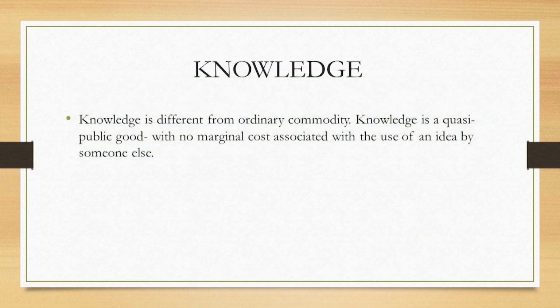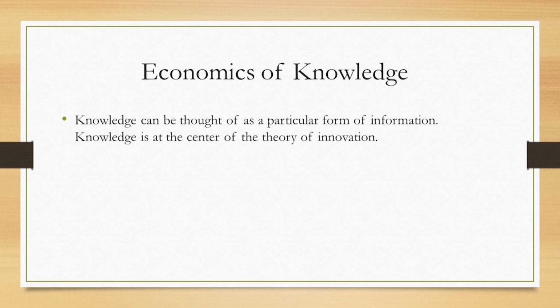Now, we must relate the information economy with knowledge because now we are in the knowledge society. Knowledge is different from other commodities. Knowledge is a quasi public good with no marginal cost associated with the use of an idea by someone else. And therefore, in the economics of knowledge, knowledge can be thought of as a particular form of information.